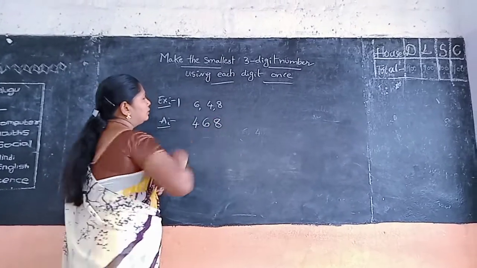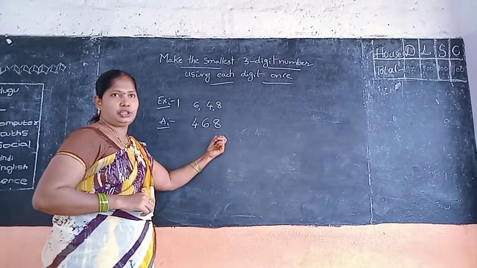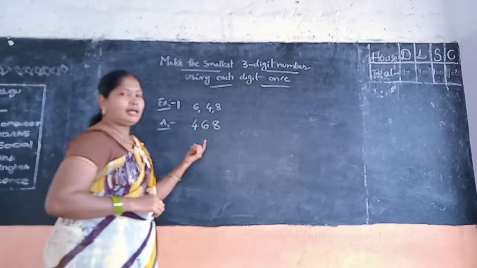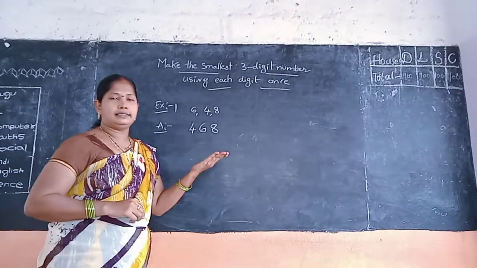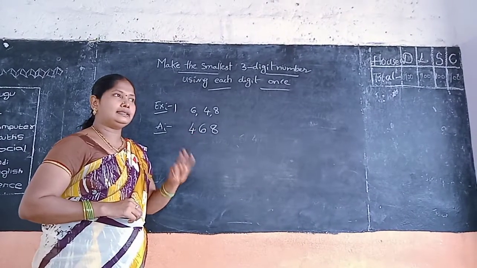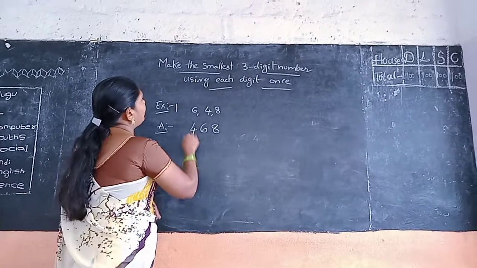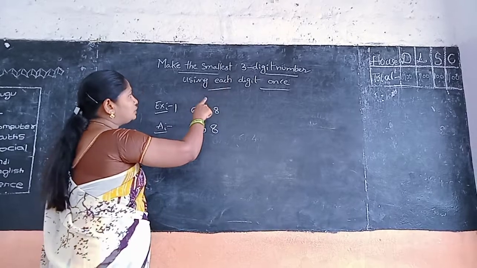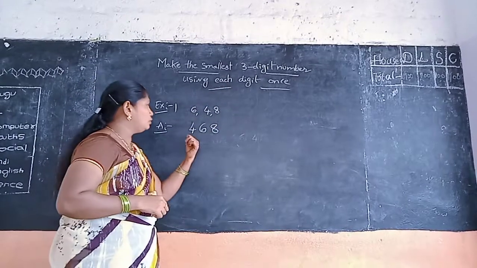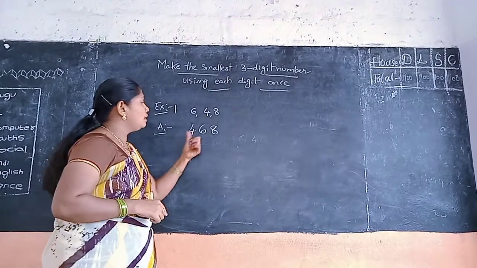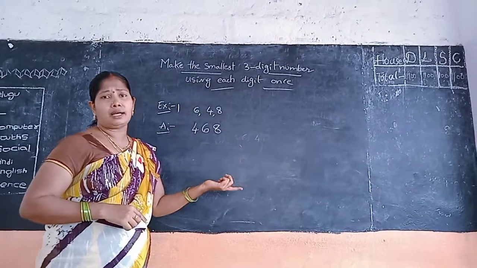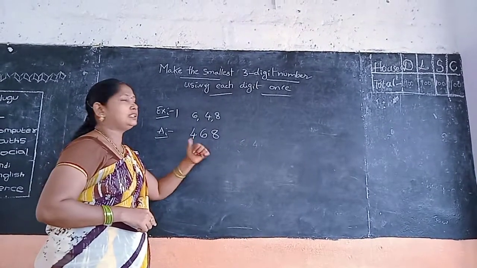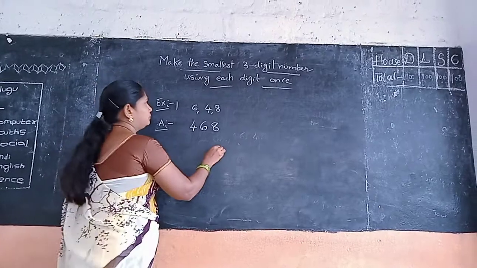This is 468, the smallest 3-digit number using each digit once. I use 4 only one time, 6 one time and 8 one time.